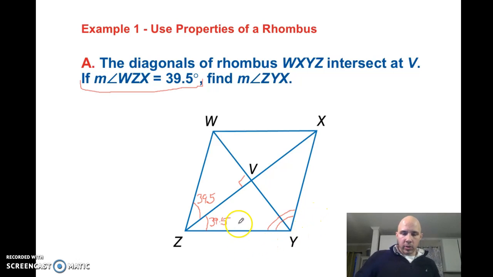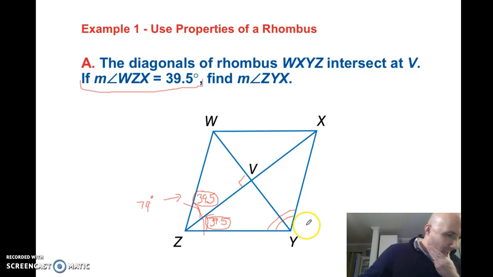The strategy is this angle, 39.5 and 39.5, I want to add those up. Altogether, that's going to give me 79 degrees. I know that this angle plus this angle are consecutive angles, so they have to equal 180.